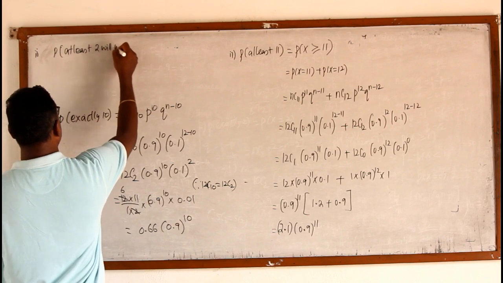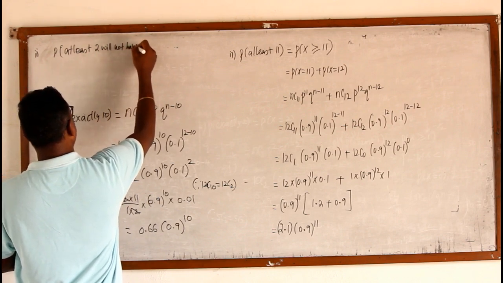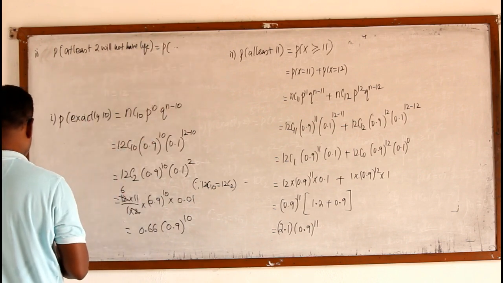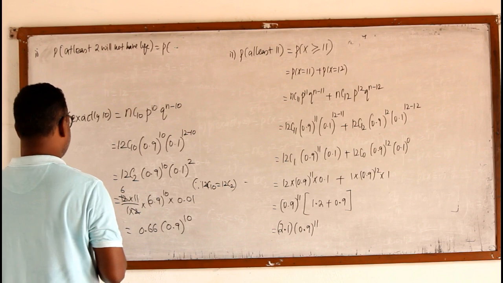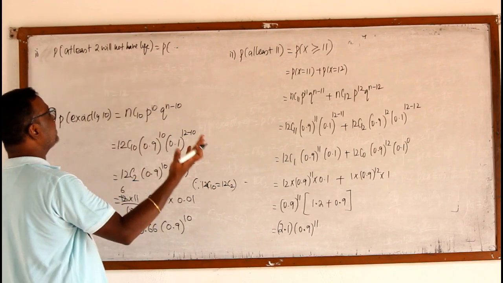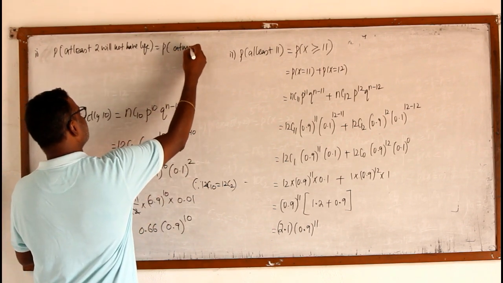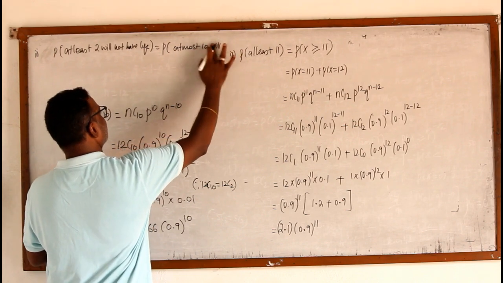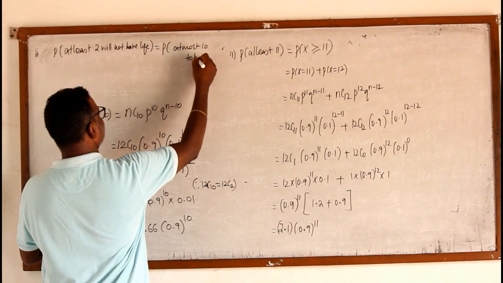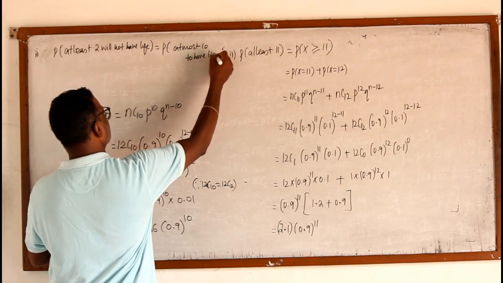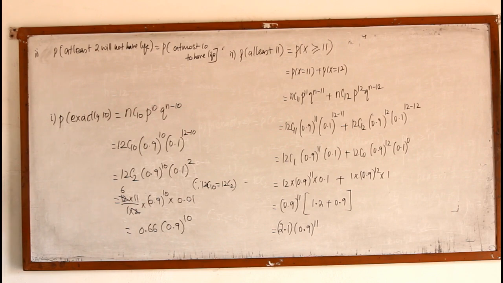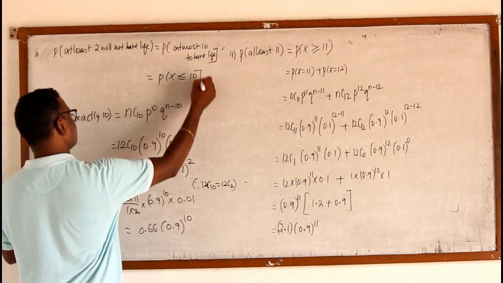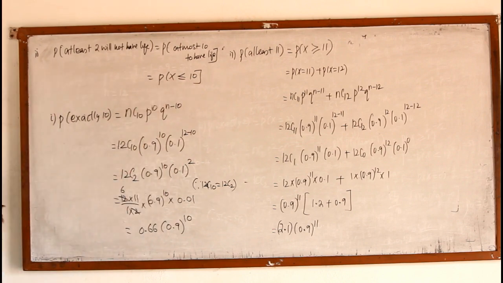Probability of at least 2 will not have life means at most 10 will have life. At most 10 means maximum is 10. P of x less than or equal to 10.